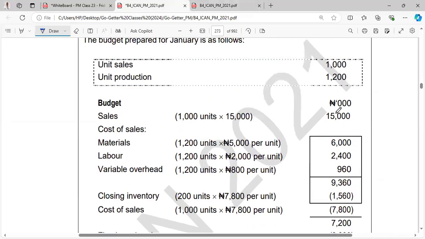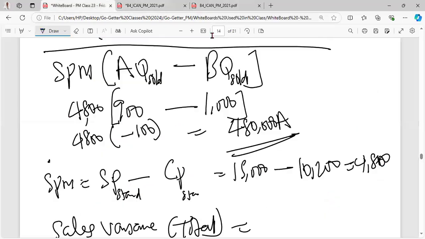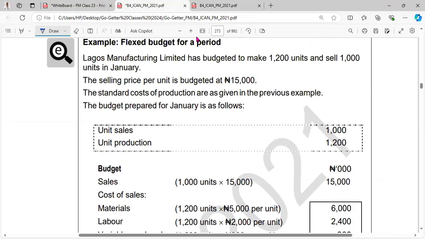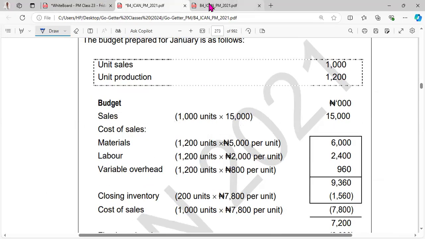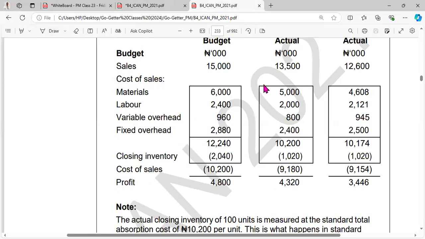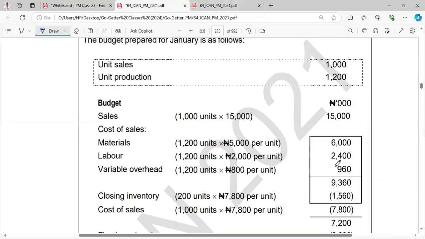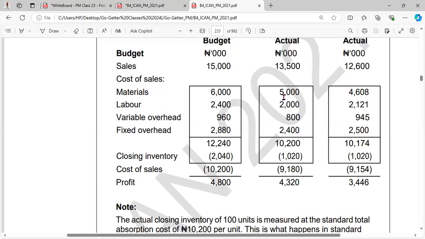This is your flex budget here, 15,000, 1,000 units. Yes, it's the same thing. So your closing stock is different. Every other thing is the same.